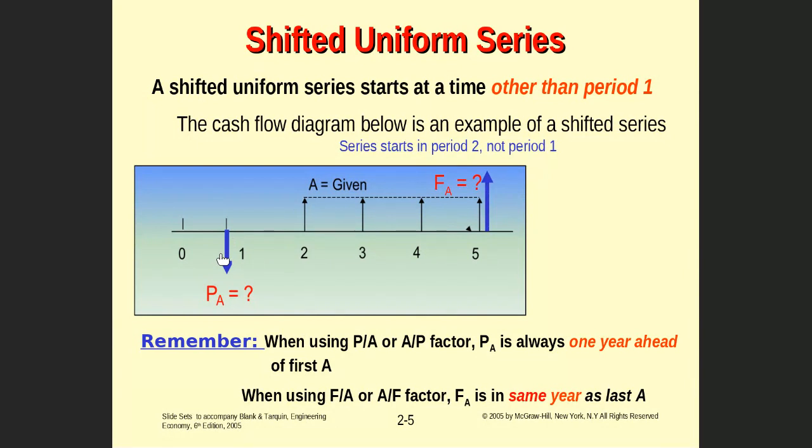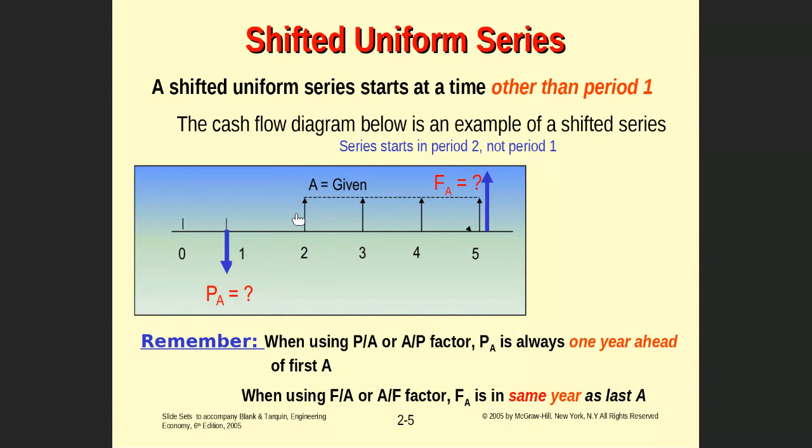Due to that, when you find the present from an annual, you have to calculate the present a year ahead, because the value given on the annual represents the value by the end of that year.